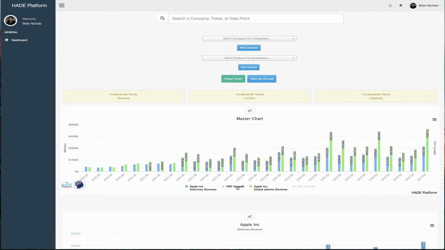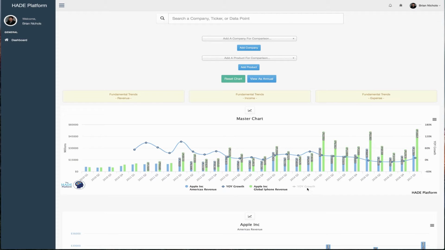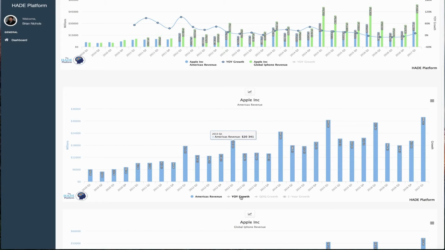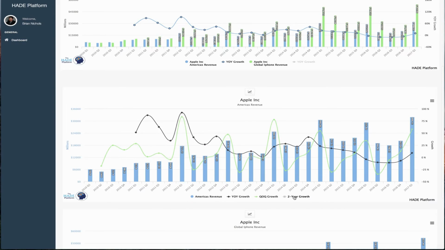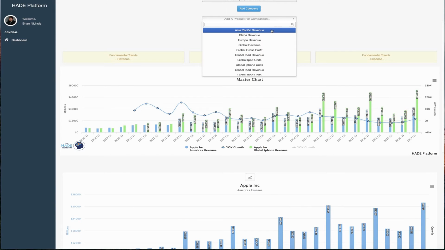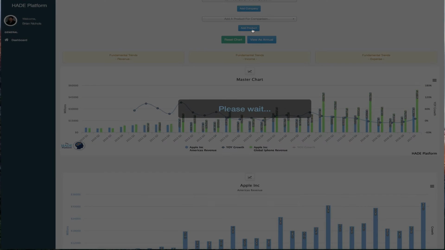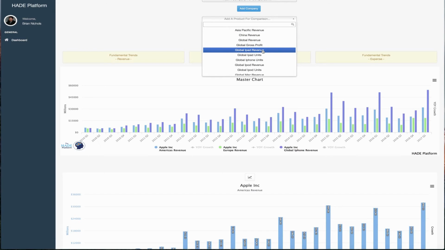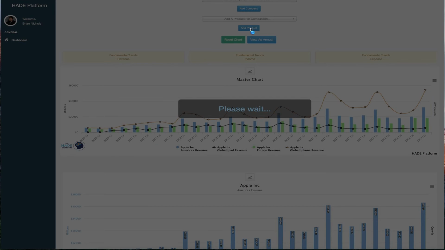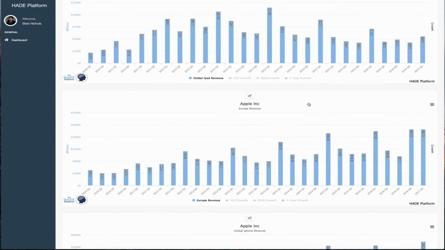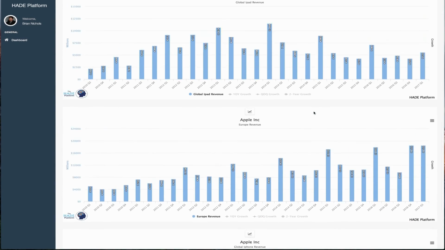Same functionality, same concept. You can look at year-over-year growth, identify trends, and then same thing here. You can look at year-over-year, quarter-over-quarter, 2-year, and you can also add as many different products as you want, whether it's 3 or you want to look at 100. The choice is yours. And then it will chart out all of those different data points below.